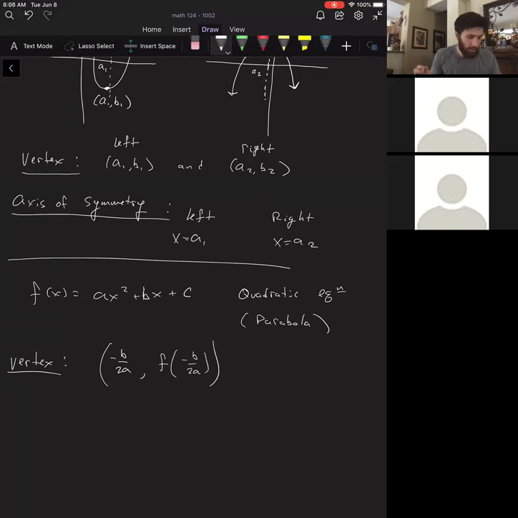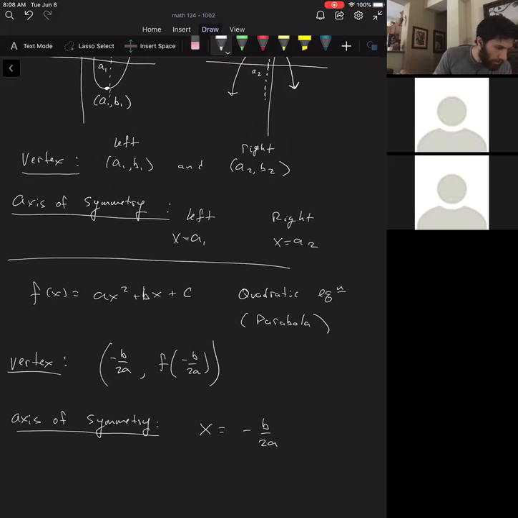So that's going to be the vertex. Basically this is f, and we're plugging in this number inside of f. We'll do this with an example in a second. And then our axis of symmetry is always just x equals whatever the x part is of the vertex. So x equals negative b over 2a.